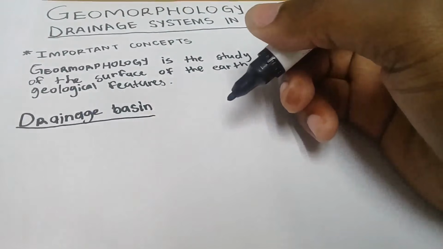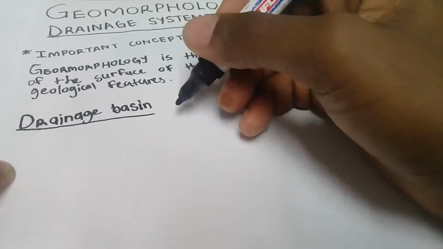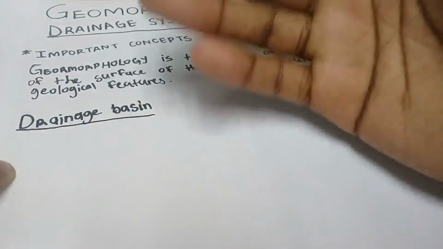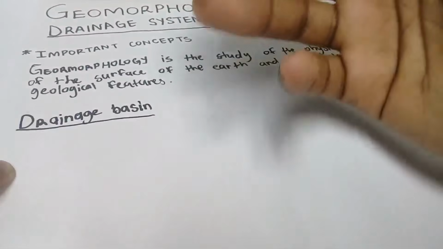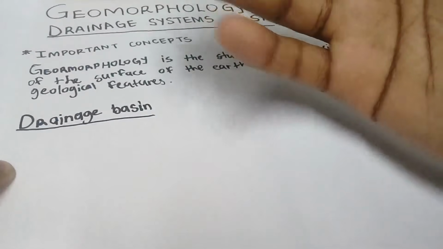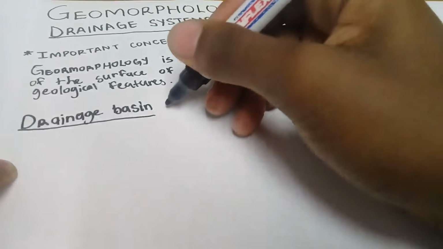They are going to ask this definition during your examinations. It's important to know all of these definitions that I'm going to give you, the important concepts that they may ask in your exams, maybe in the match column in the form of a table.